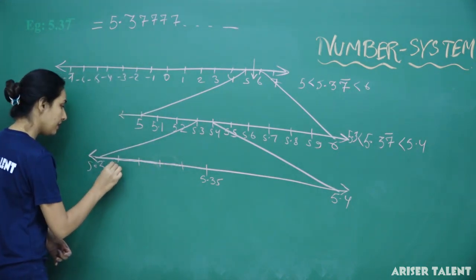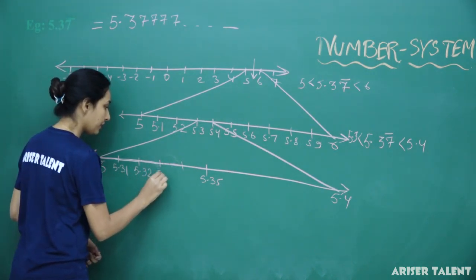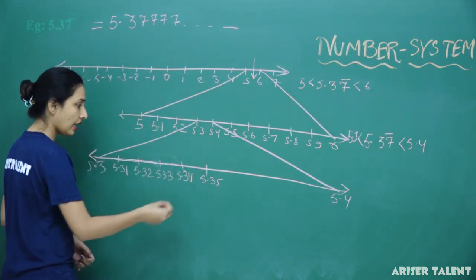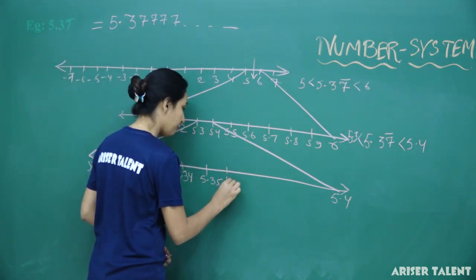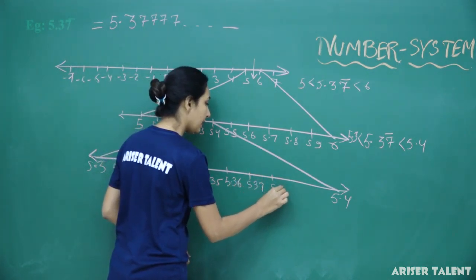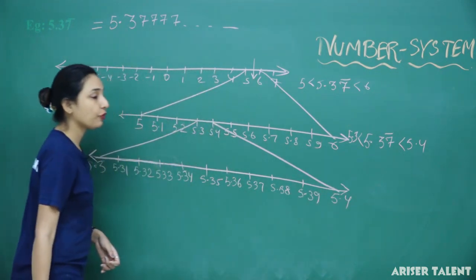So that will be 5.31, 5.32, 5.33, 5.34. After that it will be 5.36, 5.37, 5.38 and then 5.39 and then 5.4.